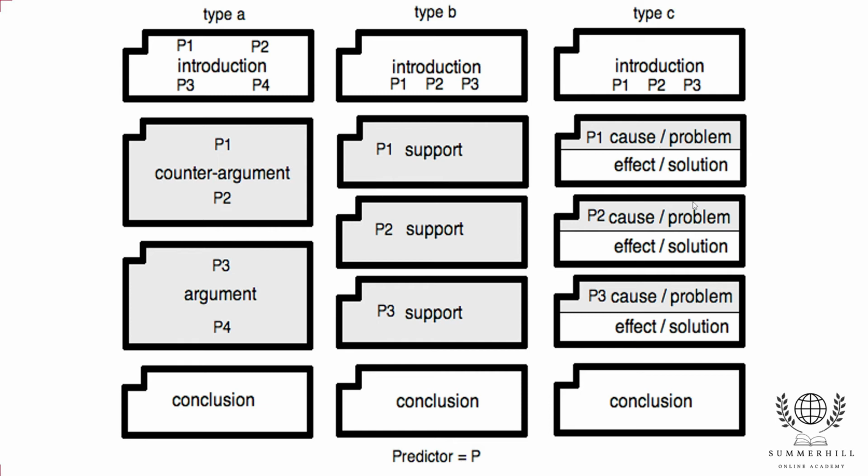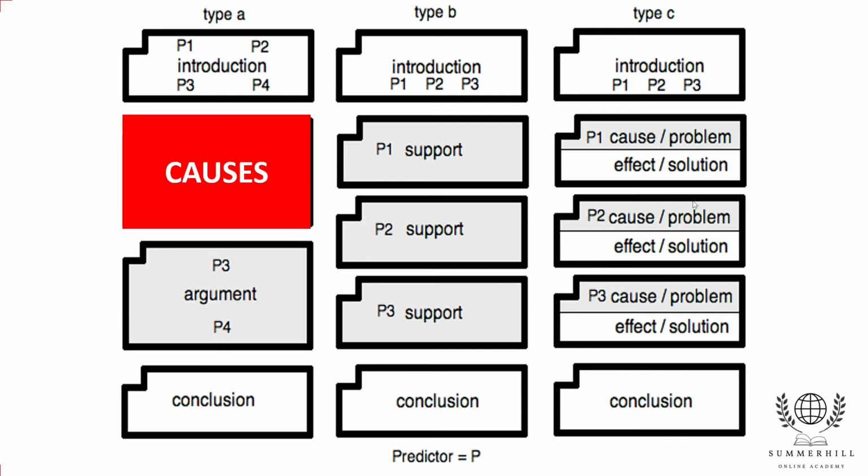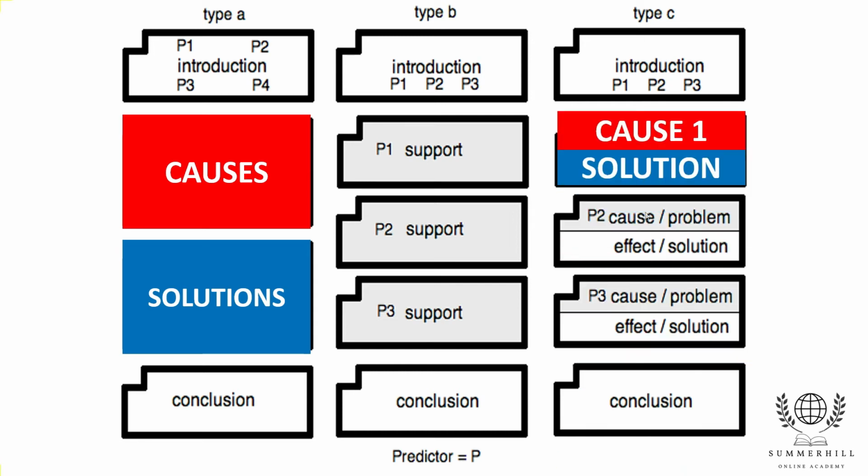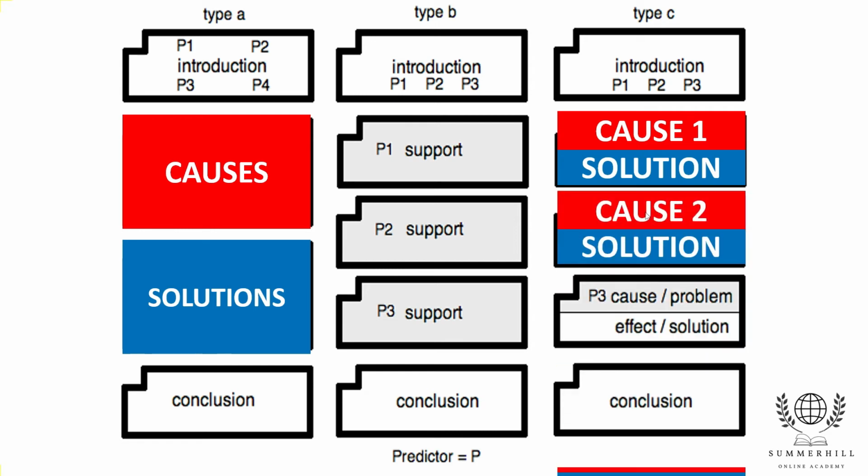So for those questions that ask you 2 types of questions, like causes and solutions, you may want to talk about causes in 1 body paragraph and solutions in another body paragraph. Just 2 body paragraphs of equal size, in order to create a balanced response. However, we might also want to use a Type C answer.